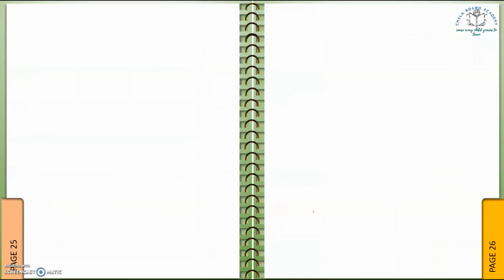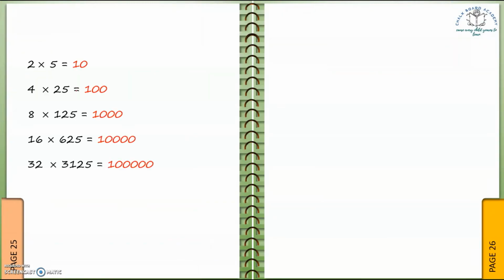Now to do them, we have a simple trick. Here 2 multiplied by 5 is equal to 10. Here 1 time 2 is multiplied by 1 time 5, and it resulted in 10. When we multiply 4 by 25, we get 100. Here 2 is multiplied 2 times and 5 is multiplied 2 times, so it resulted in 100, which has 2 zeros.